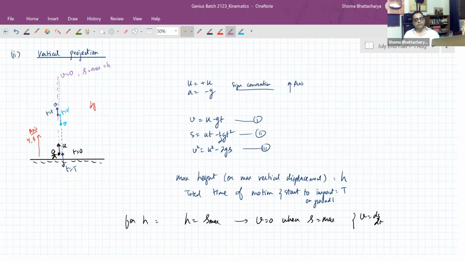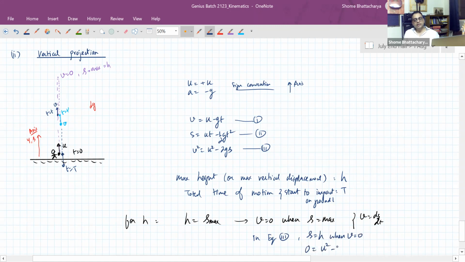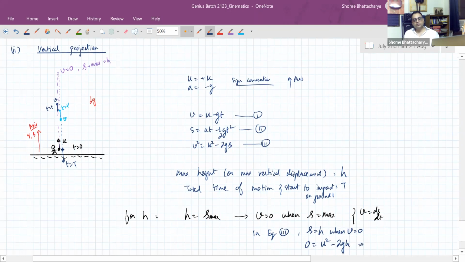Using this fact, in equation 3, put s equal to h when v is equal to 0. So we get 0 is equal to u square minus 2gh. That very easily gives us the formula for the maximum height, u square by 2g.